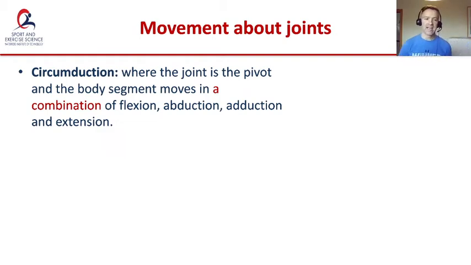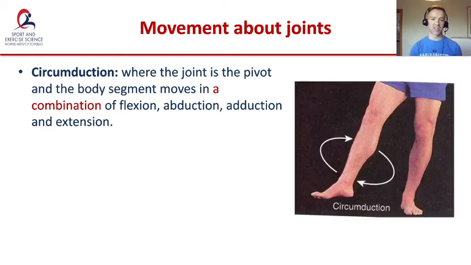Circumduction is a specific combination of movements that results in a body segment moving apparently around in a circle. It is moving around in a circle, but what's actually happening is a combination of flexion, abduction, adduction and extension.